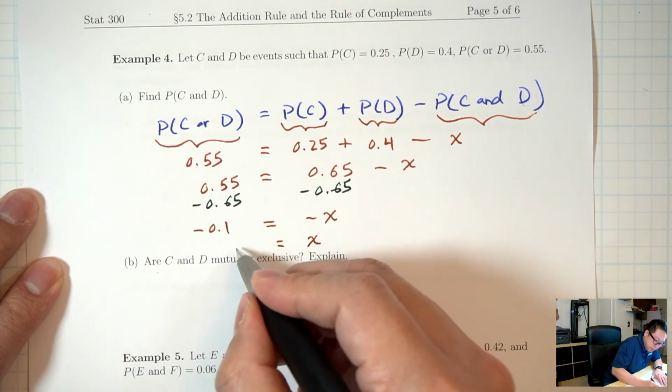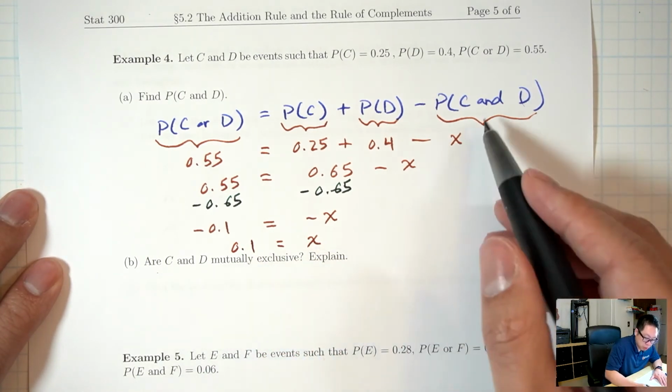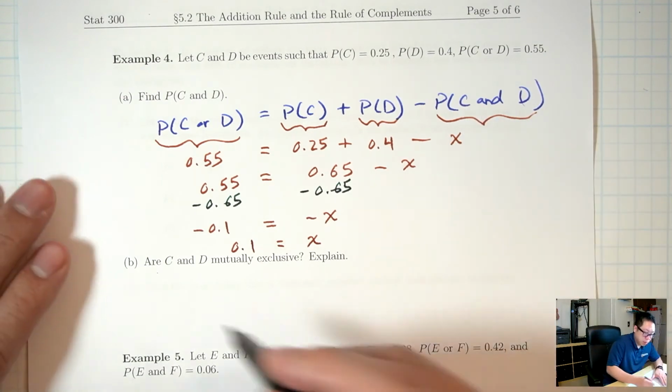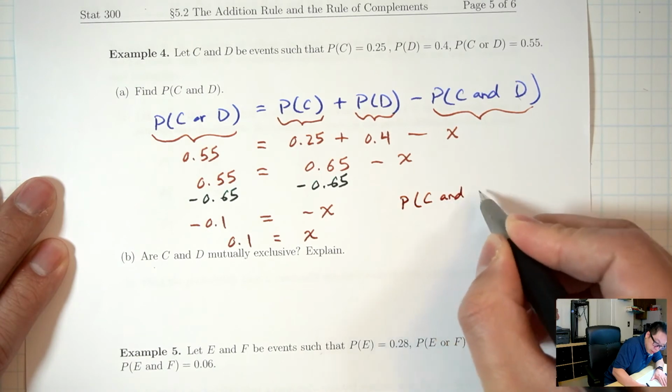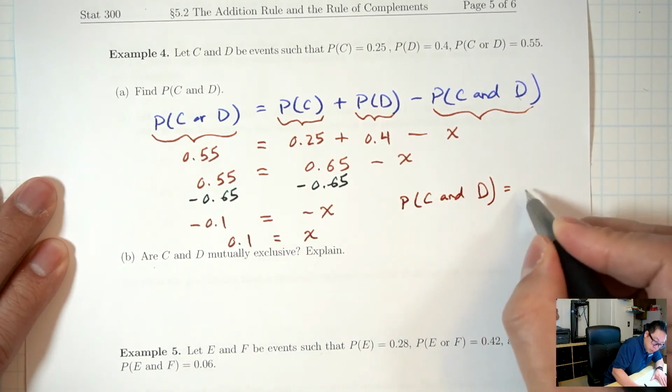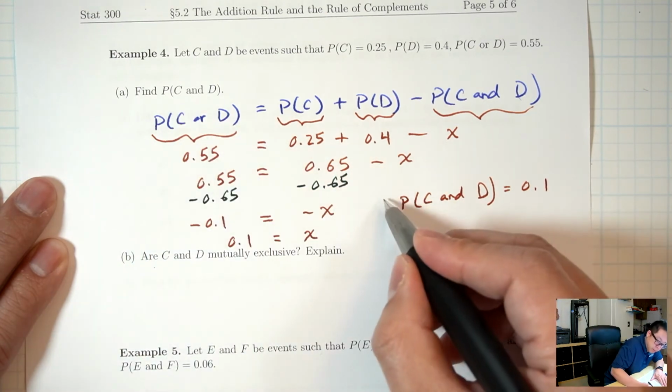Positive 0.1. Okay, and that's my answer, right? So X is 0.1, which is what I'm looking for, P of C and D. So P of C and D is 0.1, which is what I'm asking you to find.